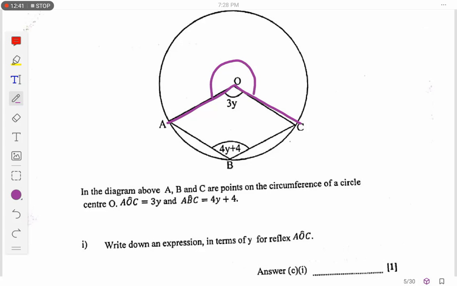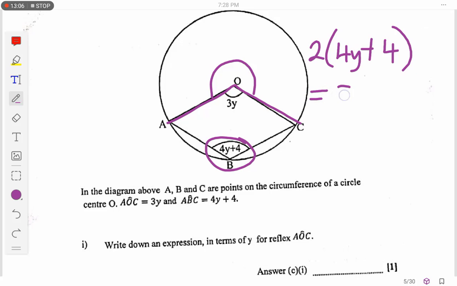Okay. So for us to find that angle, I can use two methods. I can say this angle at the circumference is going to be twice the angle at the center there. That's our circle geometry. So I can say 2 by 4y plus 4 there. That will be the value of the reflex angle.